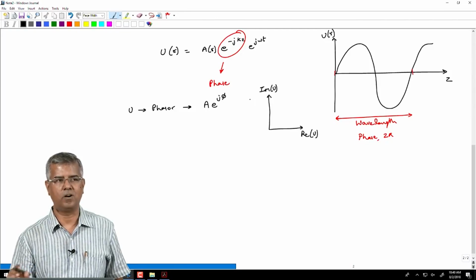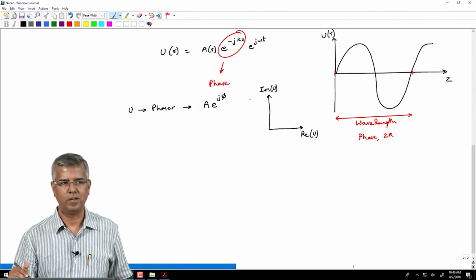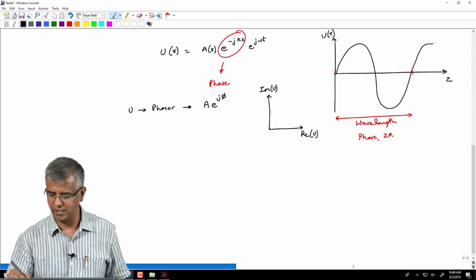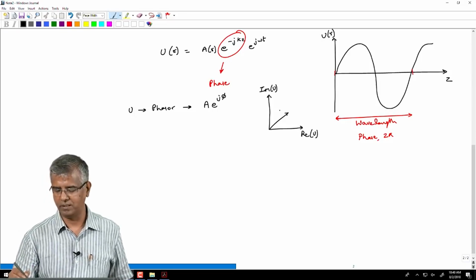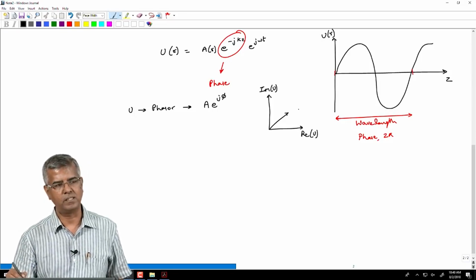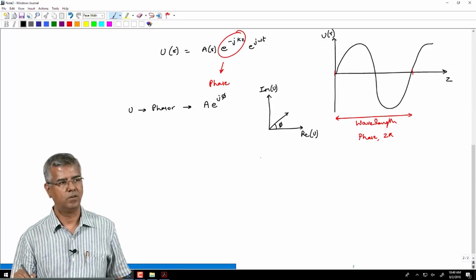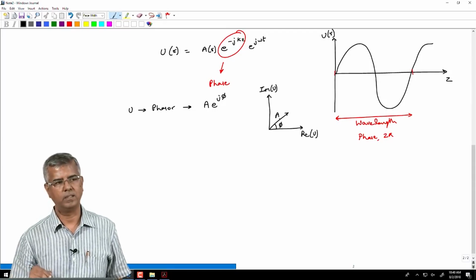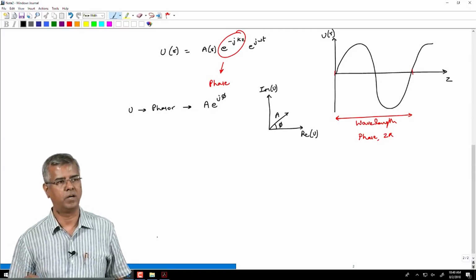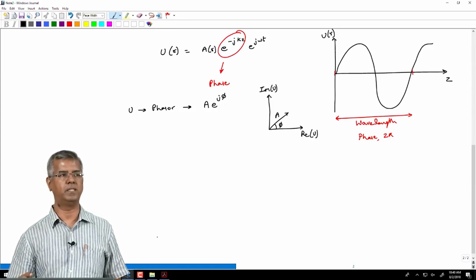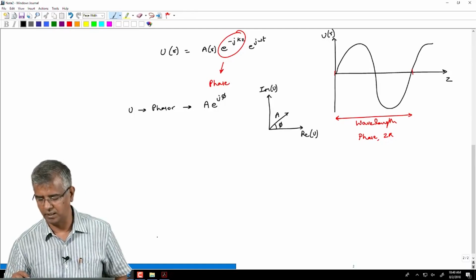It is a plot in the complex plane. What do we call this? We have heard of a polar plot, right. So you essentially have a polar plot where this is a phasor with an angle phi and a magnitude A. So you can represent this in terms of a phasor.